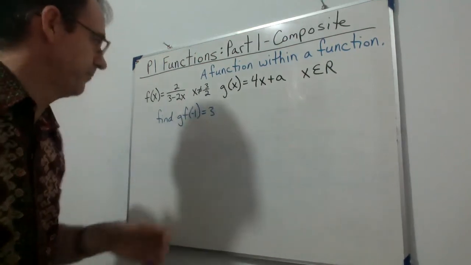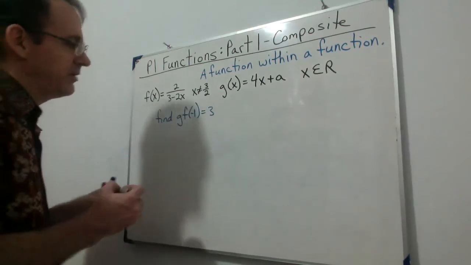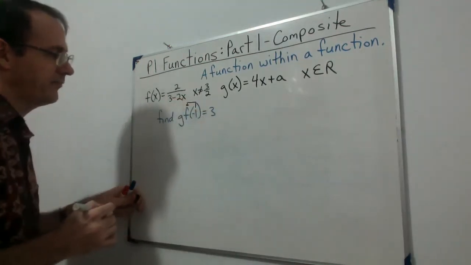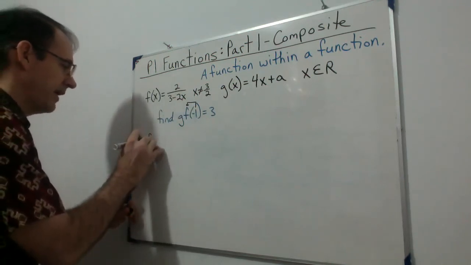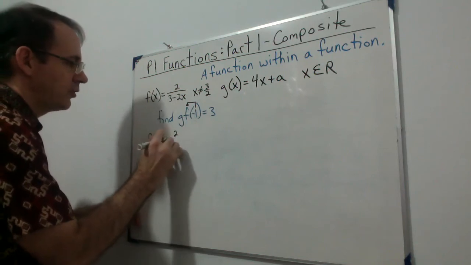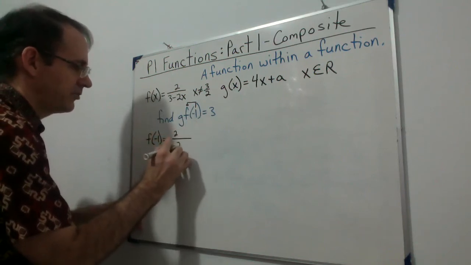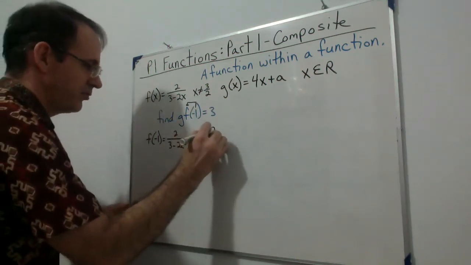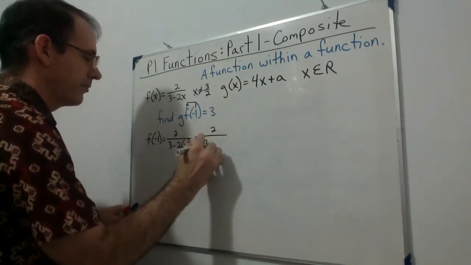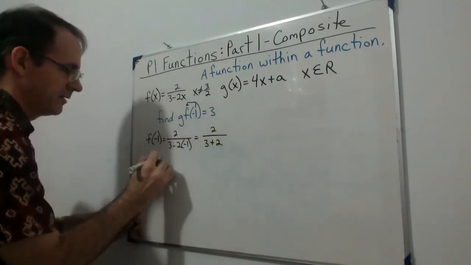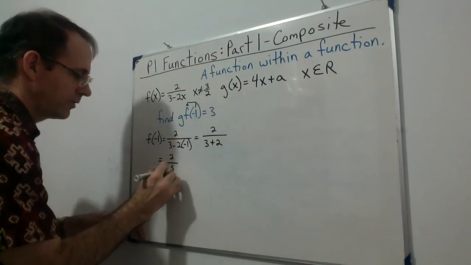Okay. Now it wants us to find g of f, and now we have a number in here this time and an equation. So the first thing that we do is we put this -1 into the f function. So we want to find f of -1 first. So we have 2 over 3 minus 2 times -1, which gives us 2 over 3 plus 2, which gives us 2 over 5.